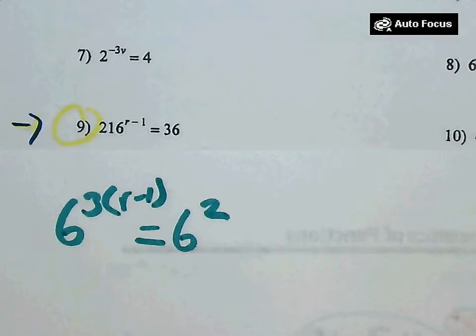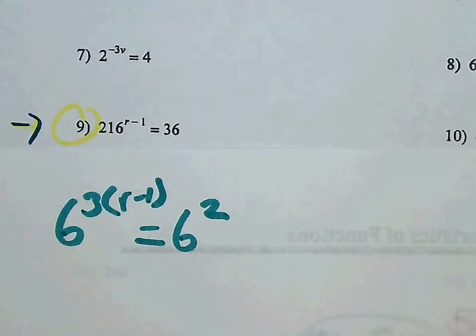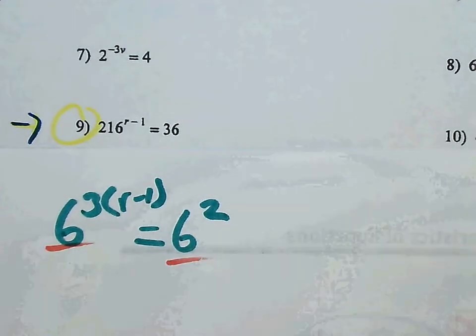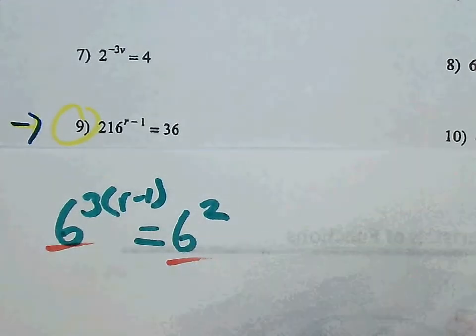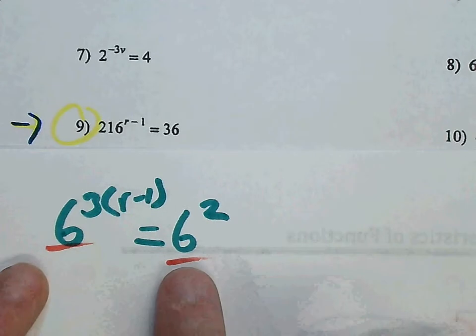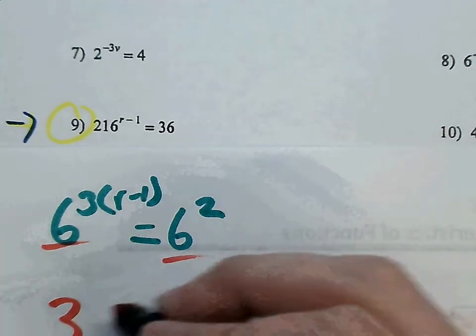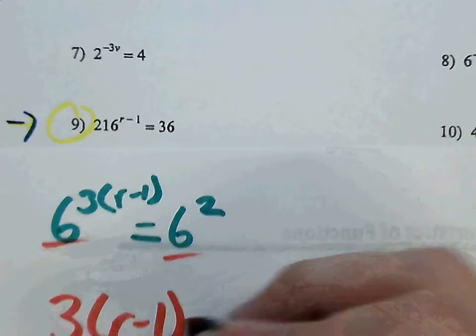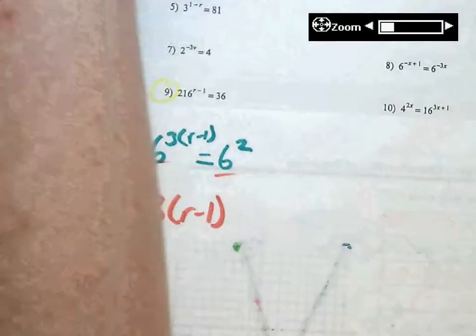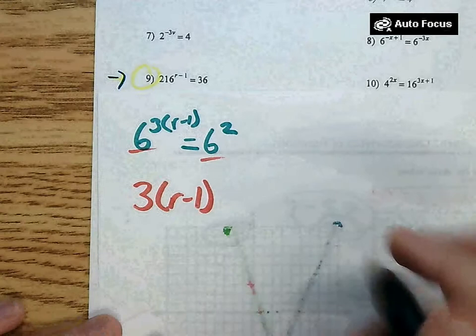Once you have that part done, you can just get rid of the base and make it linear. Remember, whatever I do on one side, I can do on the other. As long as my bases are the same, I can get rid of that same base. And that's going to be 3 parentheses r minus 1 equals 2.